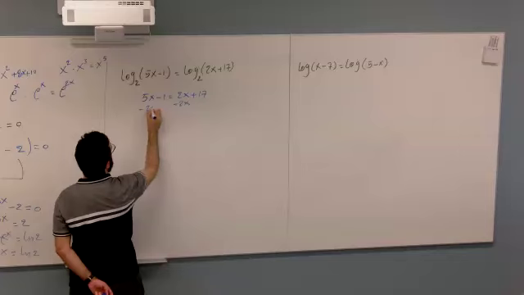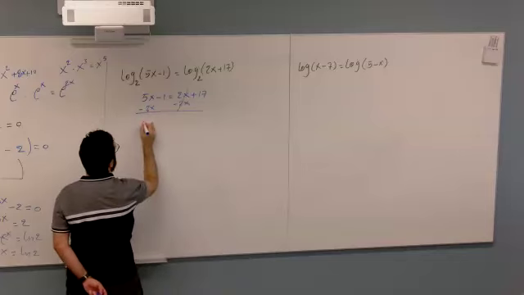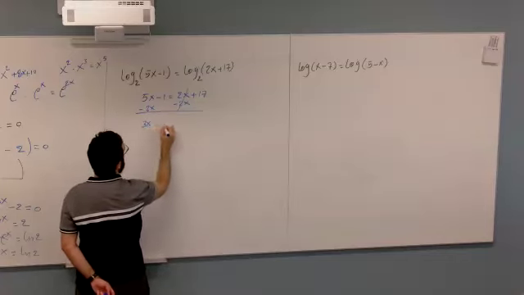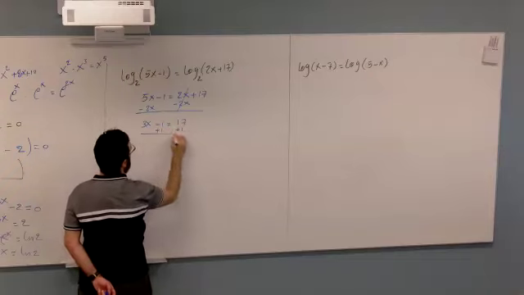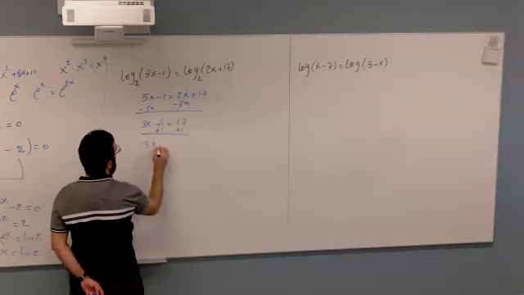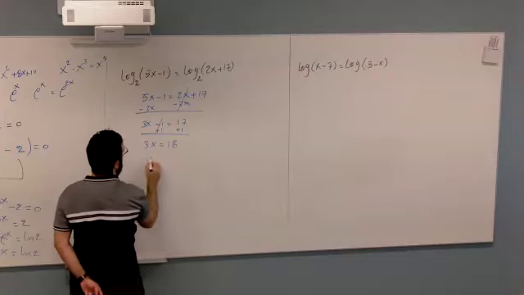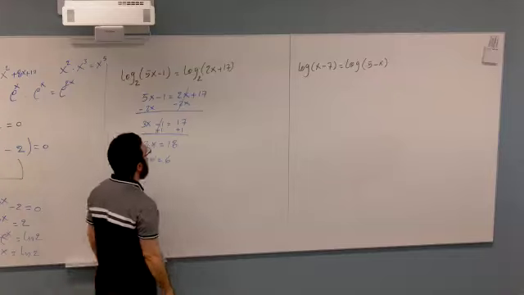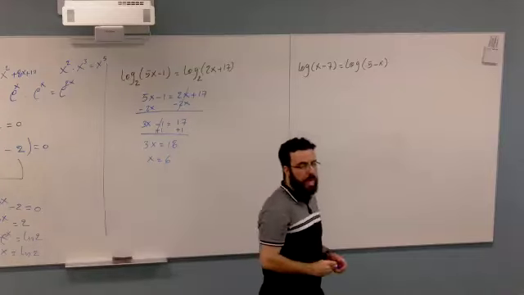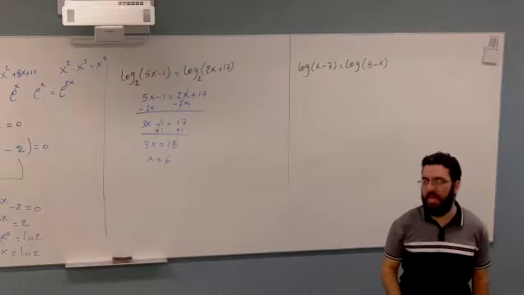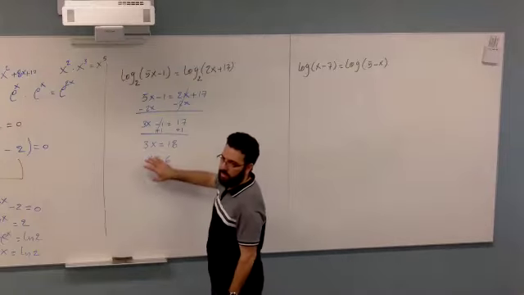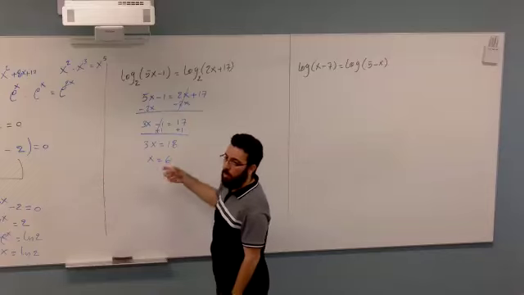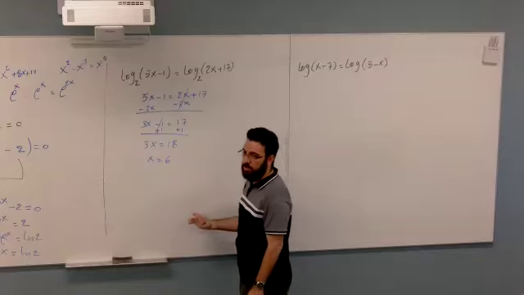Can I solve this one? Minus 2x, minus 2x. So 3x minus 1 equals 17. Move the 1. 3x equals 18, and x equals 6. Now, every time we find the value of x, we have to check the value of x. We didn't do that before, but you always have to check your solution.